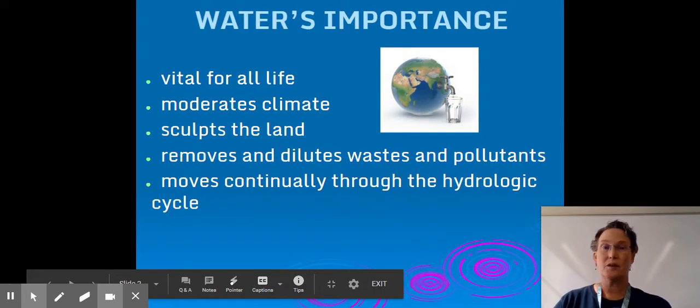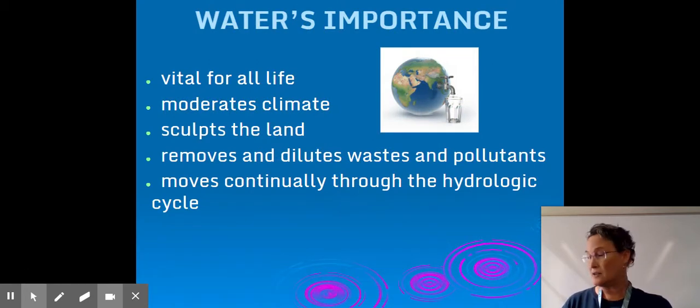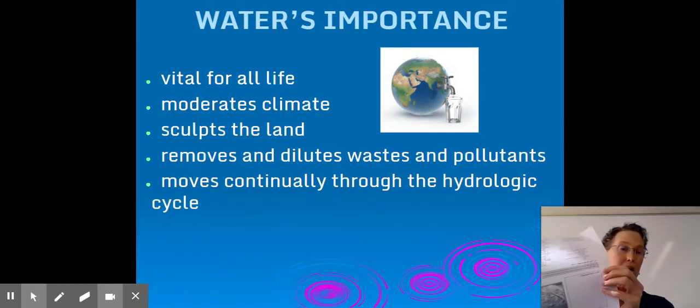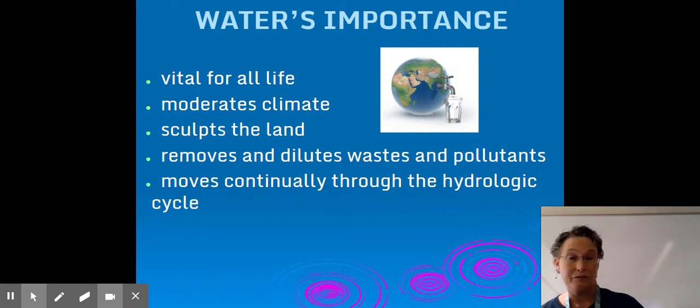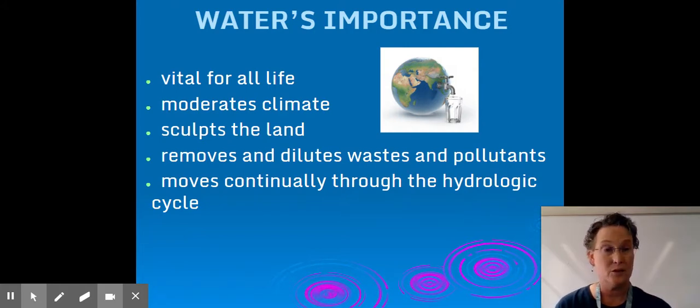Here is where water is important, and these are things you should be writing down in your notes in this little box right here. Water is vital for all life. We would die without water. That's one of the very important things for humans, that we can drink it. But most of the problems and issues and things we use water for are different than drinking.